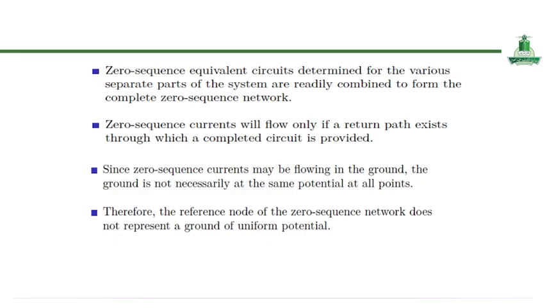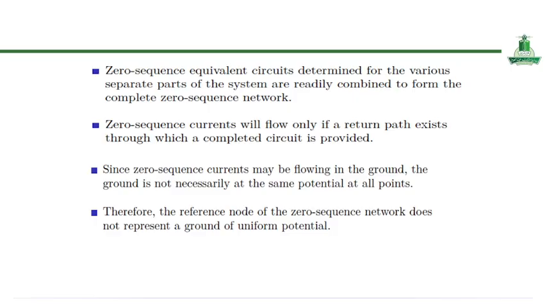So this modular approach simplifies the modeling process. A crucial point emphasized here is that zero sequence currents can only flow if there is a complete return path, typically through the earth or neutral connections.